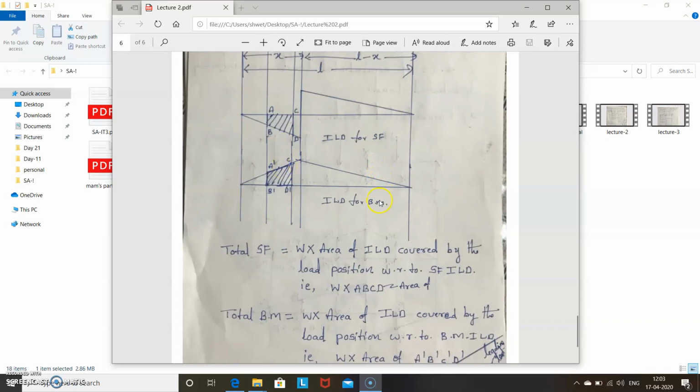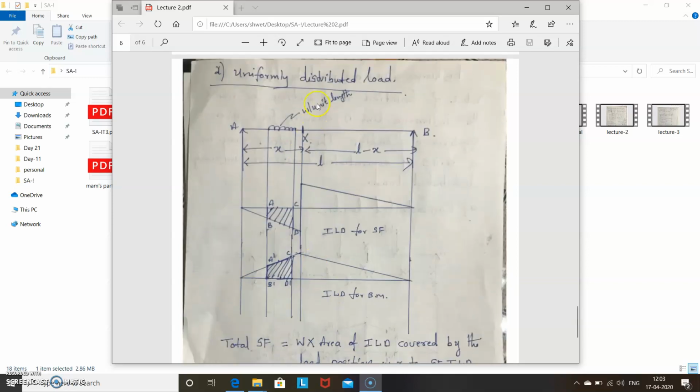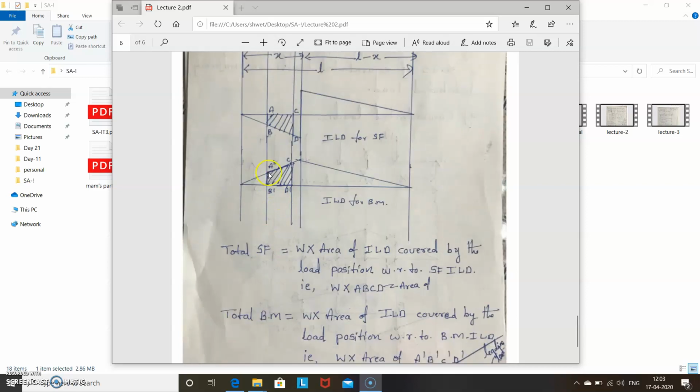Similarly for bending moment, how do you consider it? Total bending moment is equal to W, that is W per unit length, into the area A dash, B dash, C dash, D dash, the area of ILD covered by the load position with respect to the bending moment ILD.